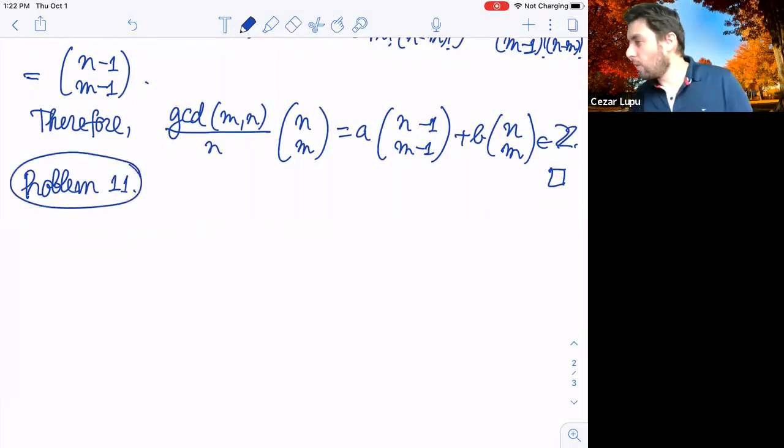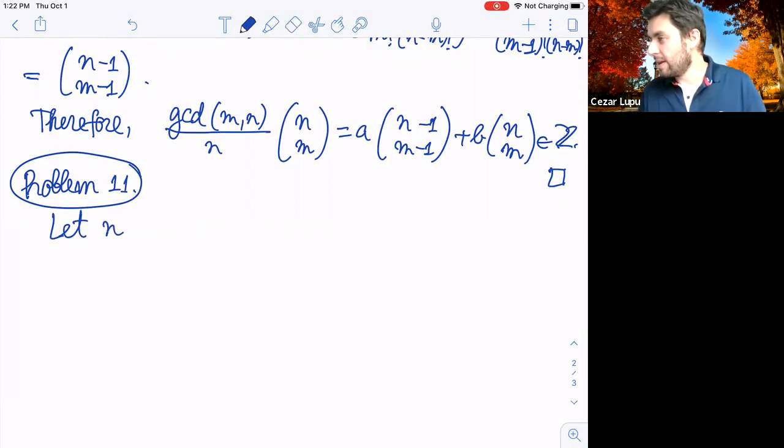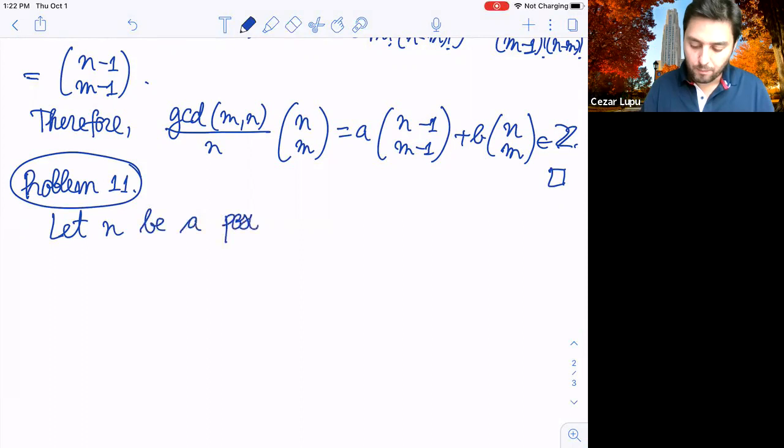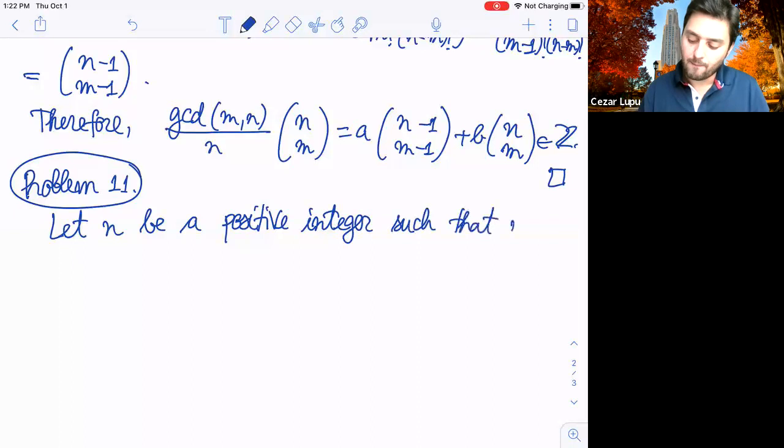Which says the following. Again, this one we have to look closely at it. Let n be a positive integer such that n plus 1 is divisible by 24.